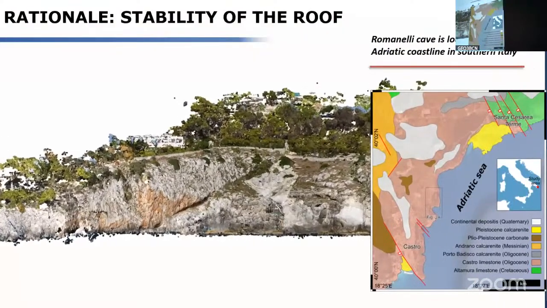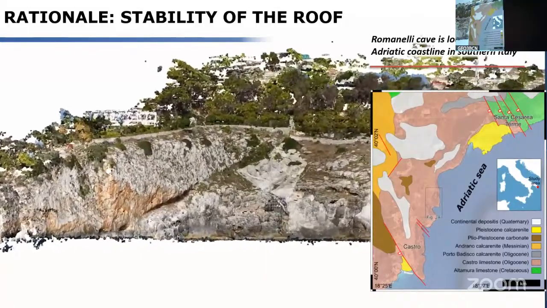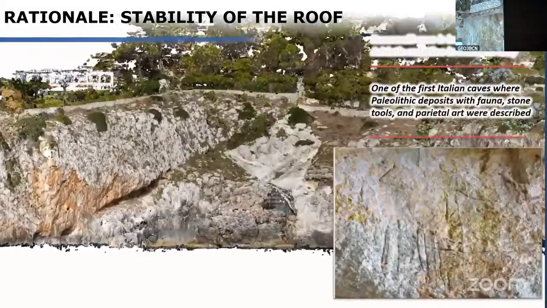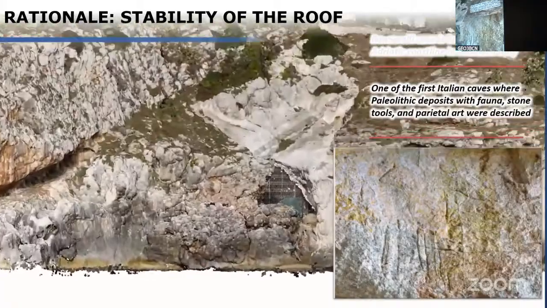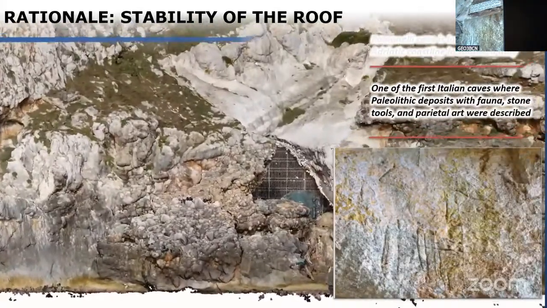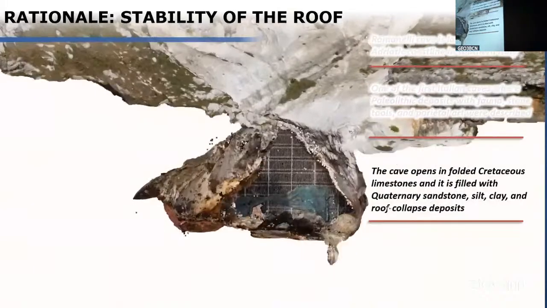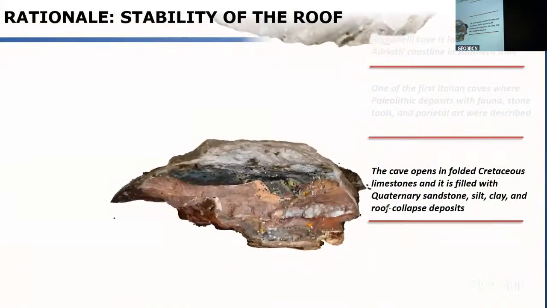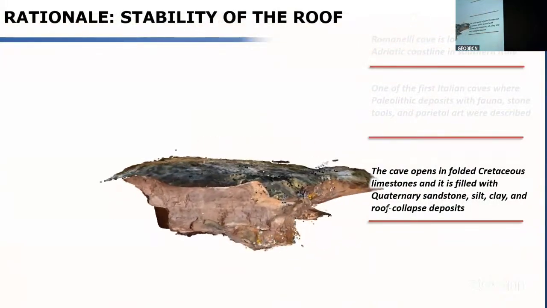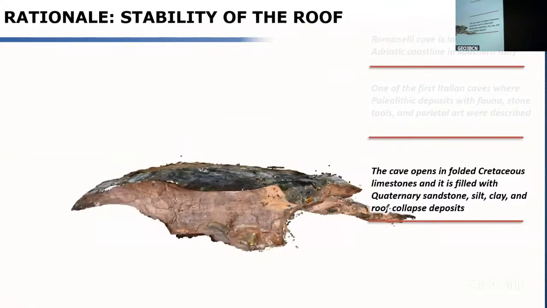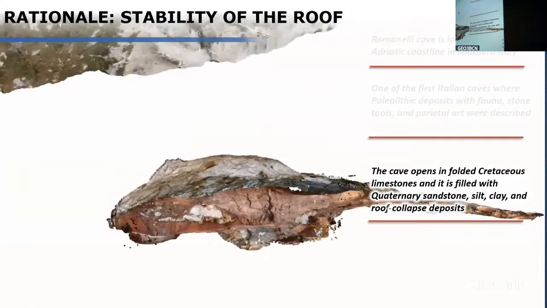A little bit of information. It's located on the Adriatic coastline of southern Italy. It's one of the first caves with Paleolithic deposits, parietal art, stone tools. The cave opens in folded Cretaceous limestone and is infilled with Quaternary siltstone and sandstone and a roof collapse deposit, which is this one.